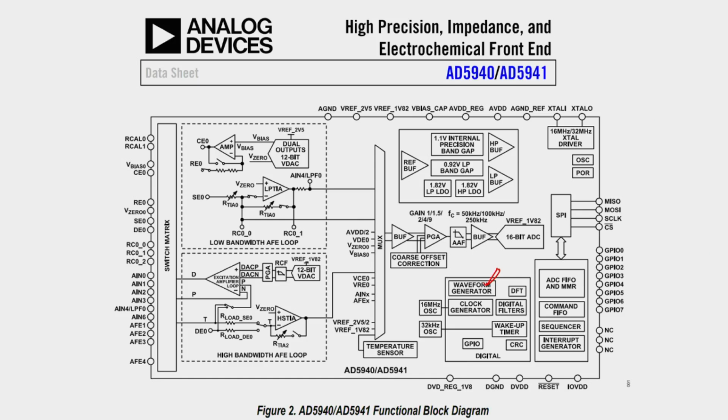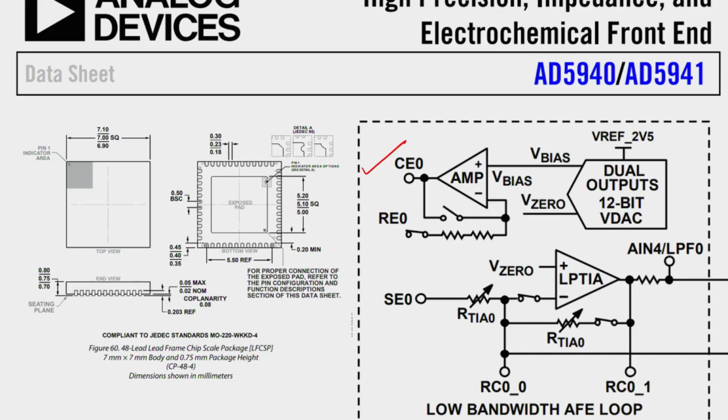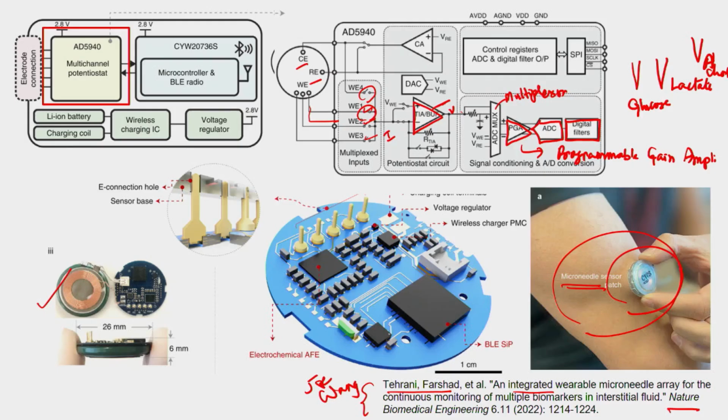And the paper you showed in Nature, it was analyzing three things. Was it measured simultaneously? No, not simultaneously. They have this switch here. Whenever they require a certain analyte, they will turn on that switch or select it, because they are actually sharing the counter electrode and reference electrode.